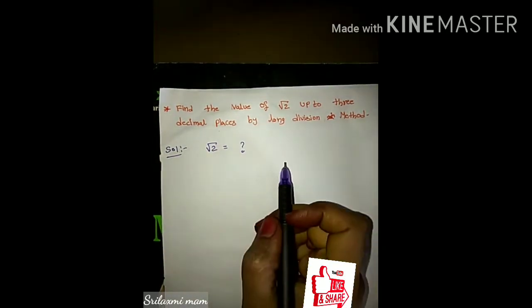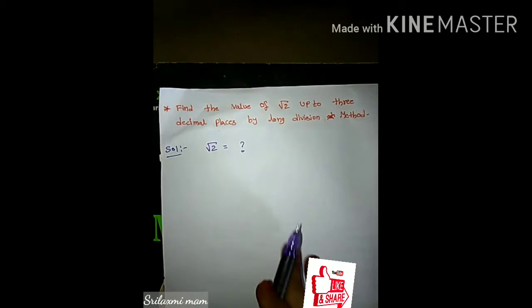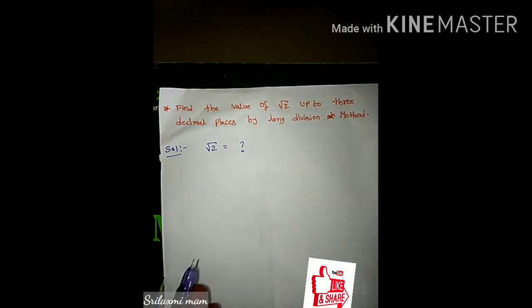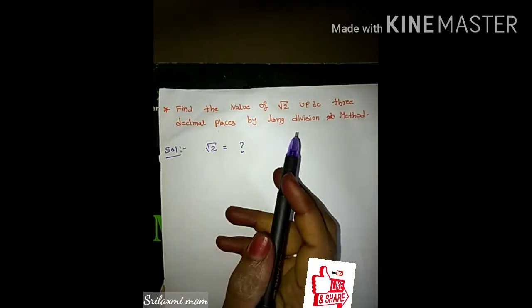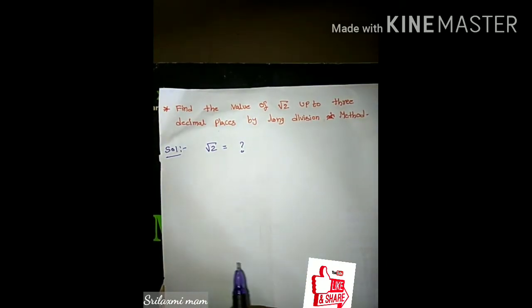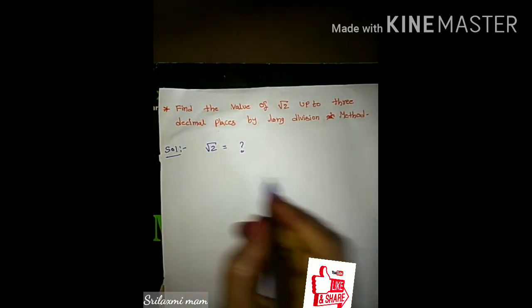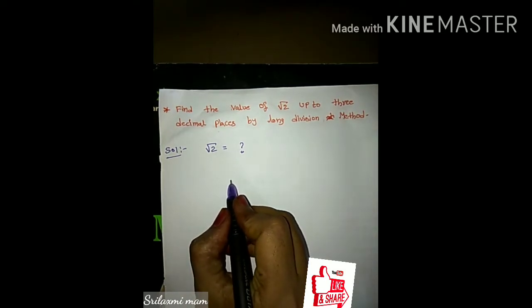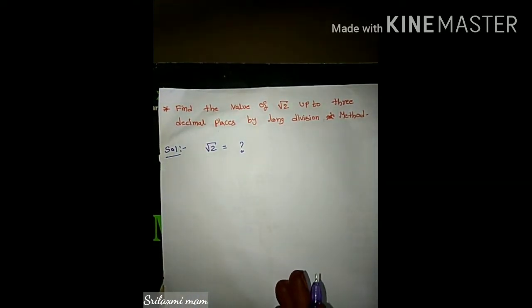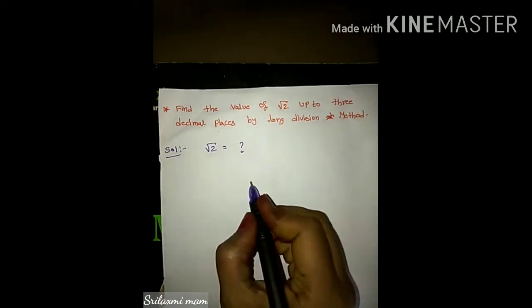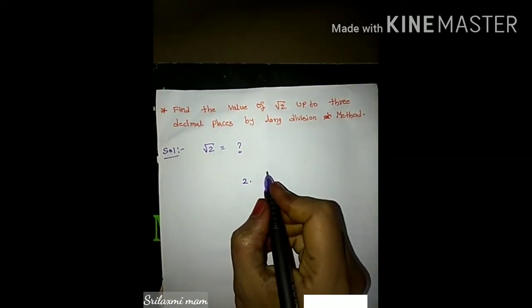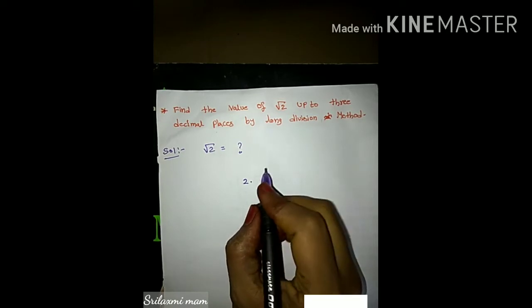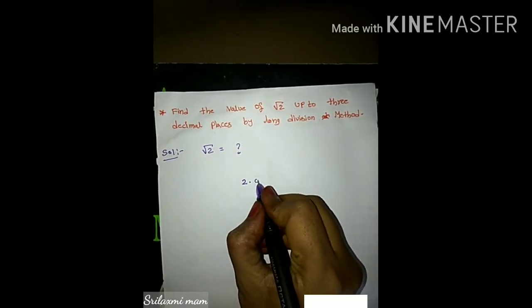We used the division method in 8th class. The same method we use to find the value of root 2. First of all, we take 2 with a decimal point, so 2 point, and we also write zeros after the decimal point.